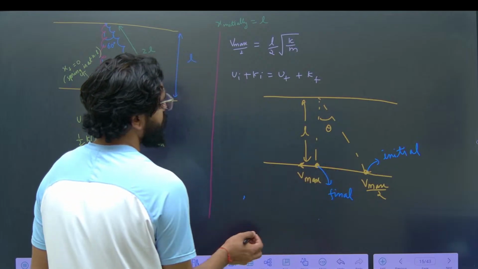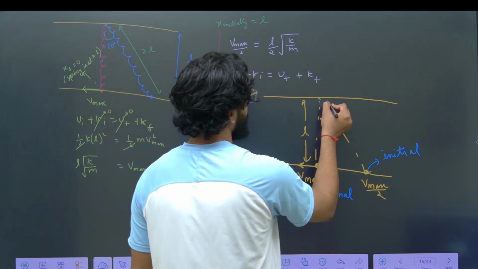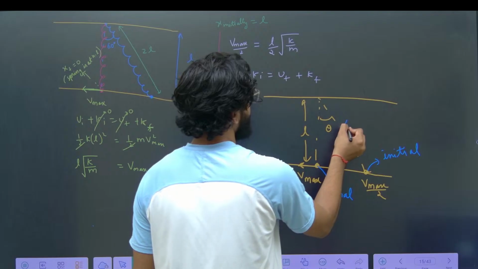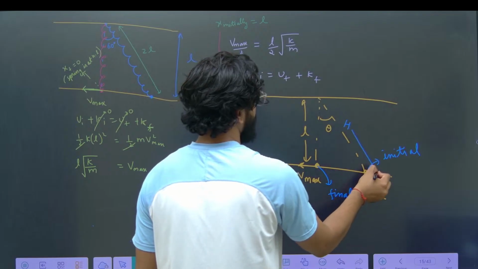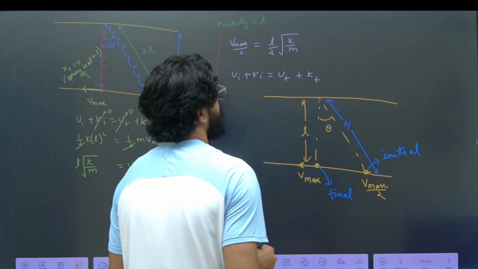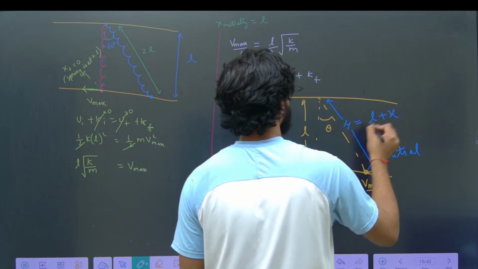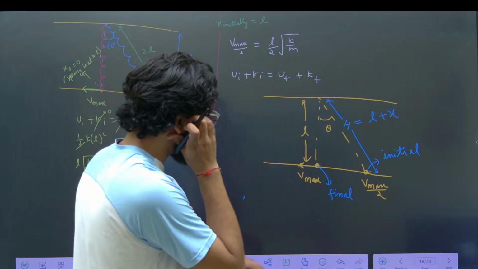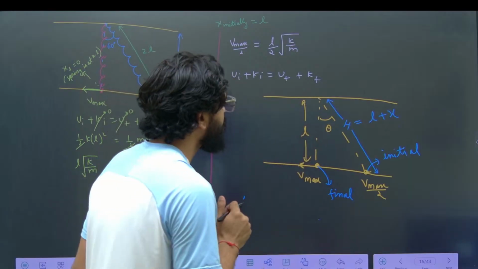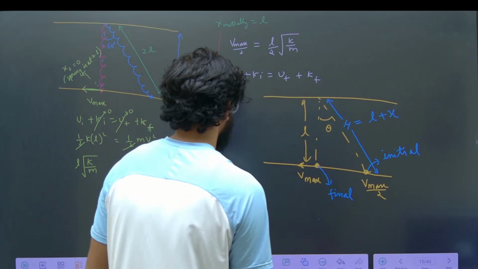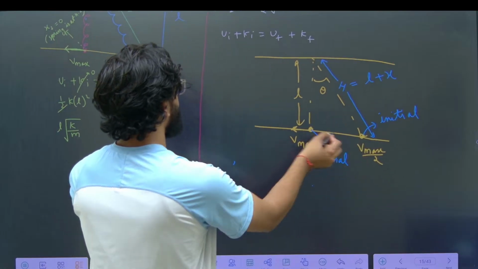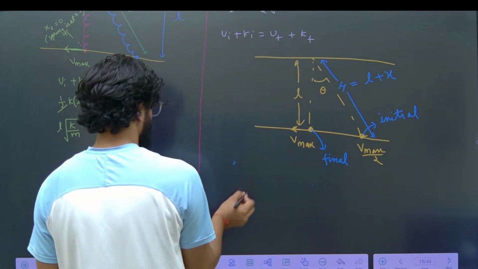If we are applying from here to here, this length, let's say it is h, and h will be nothing but L plus x. Why L plus x? Because x is the extension that we are taking. So if this is initial, this is final. Let's do it one more time.